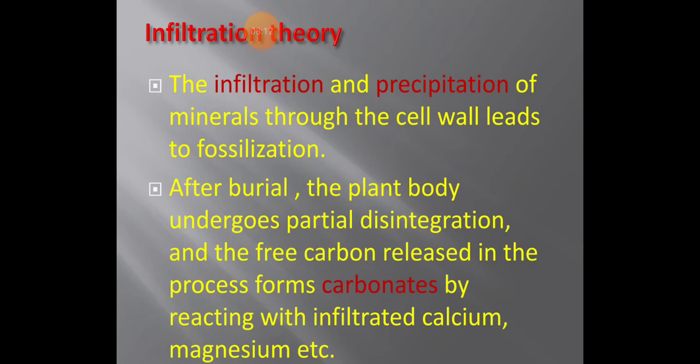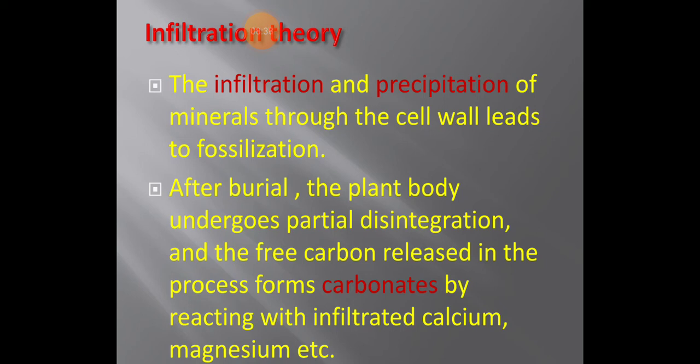The second one is the infiltration theory. The infiltration and precipitation of the minerals through the cell wall leads to fossilization. That means the plant body undergoes partial disintegration, and free carbon is released in the form of carbonates by reacting with the infiltrated calcium and magnesium.